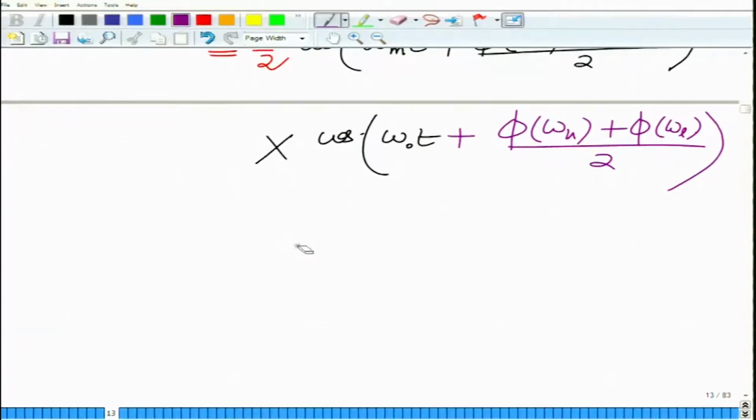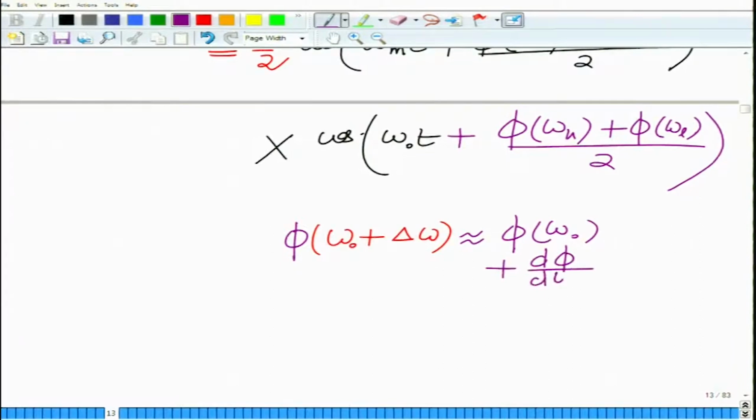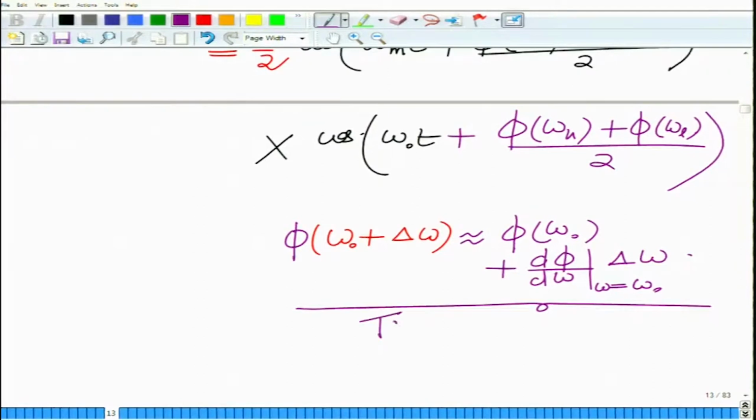So, we have phi of omega_0 plus delta omega, for small delta omega, approximately equal to phi of omega_0 plus d phi by d omega evaluated at omega equal to omega_0 times delta omega. This is the well known first order Taylor series approximation.